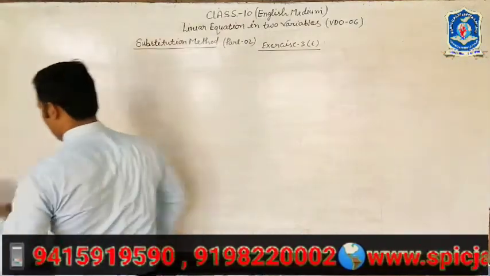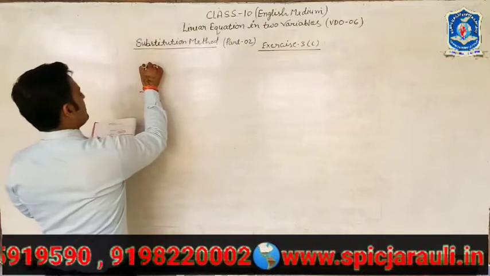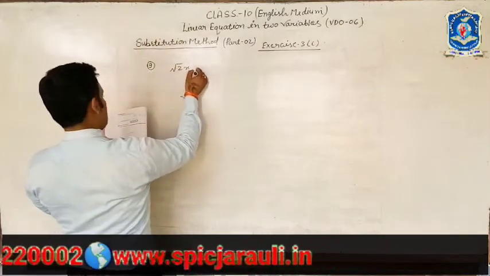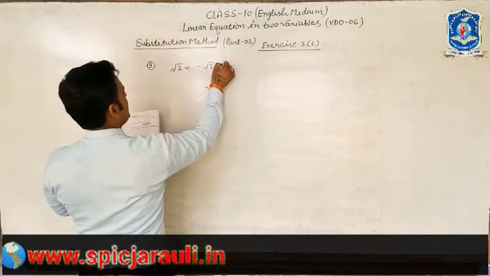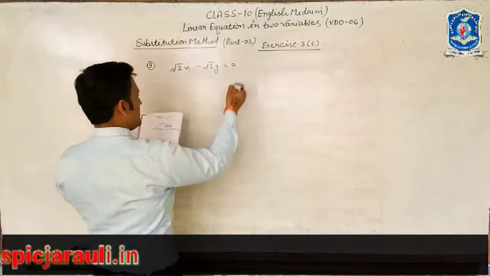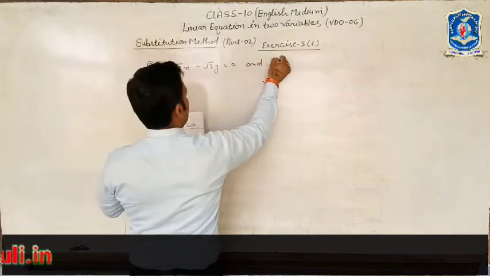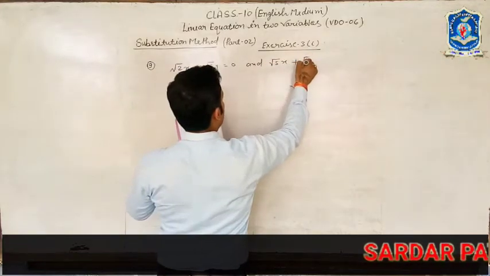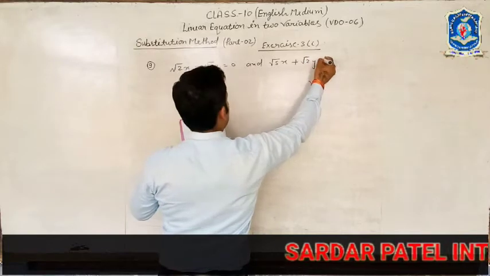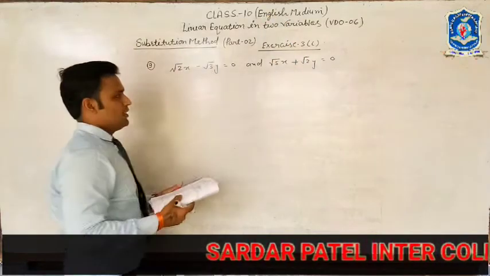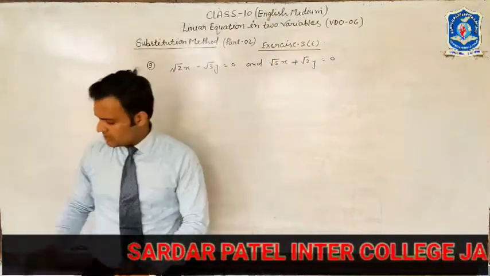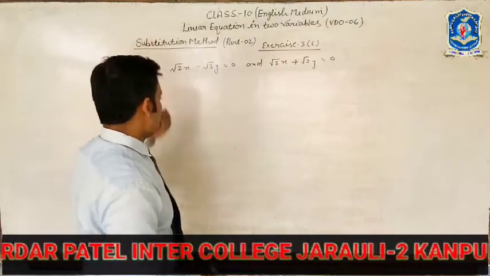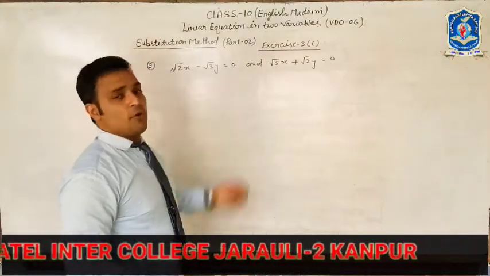Question number 9 is that root 2x minus root 3y is equals to 0 and root 5x plus root 2y is equals to 0. These are two simultaneous equations of linear equation in two variables, and these equations are in root form.